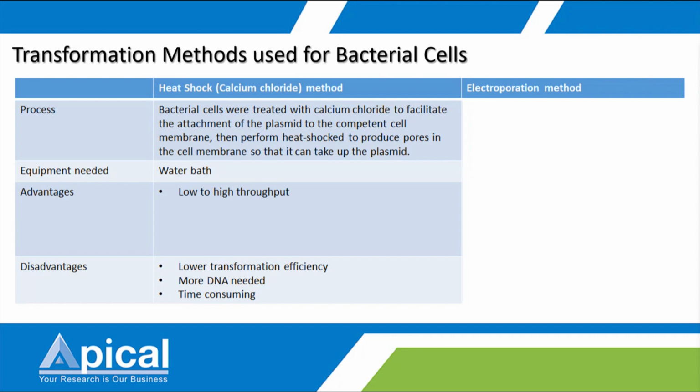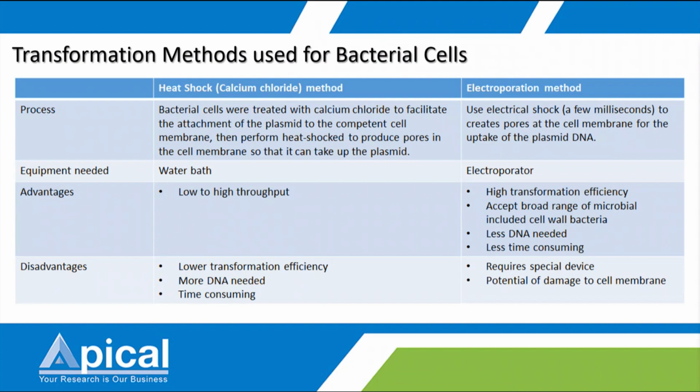In the meanwhile, the electroporation method uses electrical shock to create holes in the cell membrane, so that it can also force the plasmid to go into the whole cell. But the problem with this method is that you will need a special equipment called the electroporator, which generates the electrical shock to the cell.